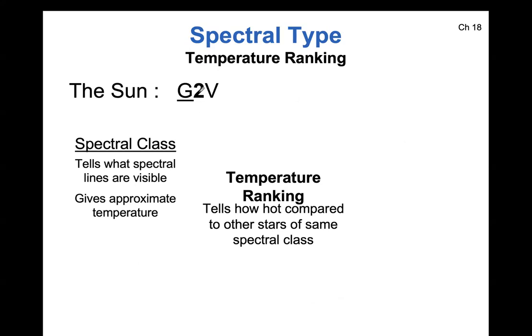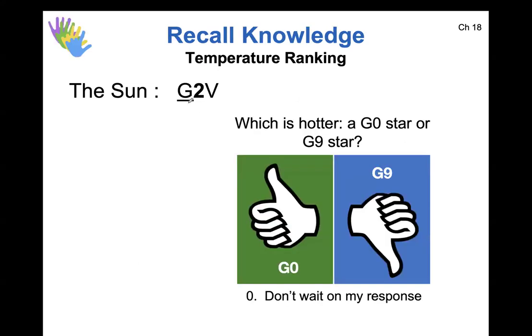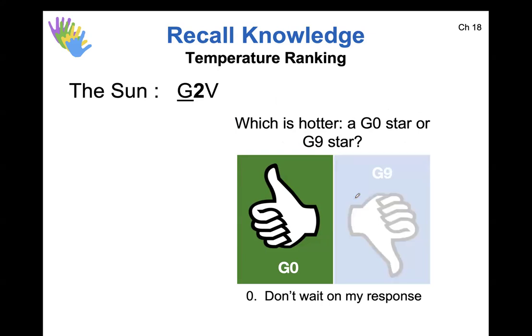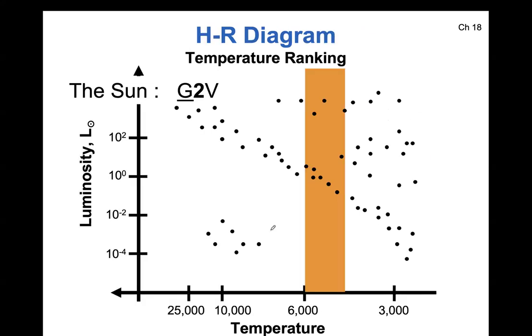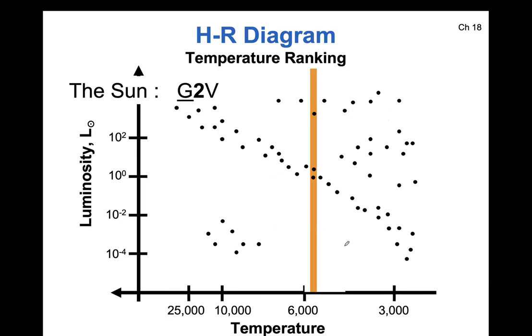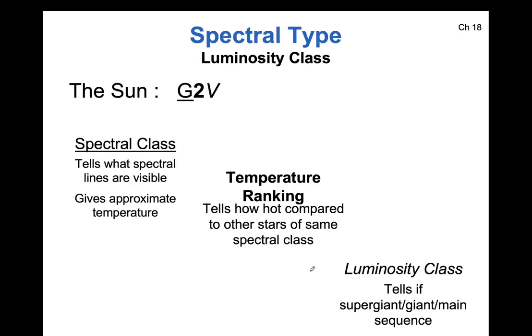So this is a subcategory within Gs. If you look at G2, and don't worry about answering this one, I'm going to give you the answer. It asks which is hotter, a G0 star or a G9 star, and it's actually the G0 star. The way the ranking works is 2 is the second to the highest.